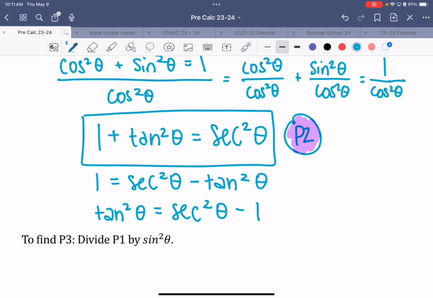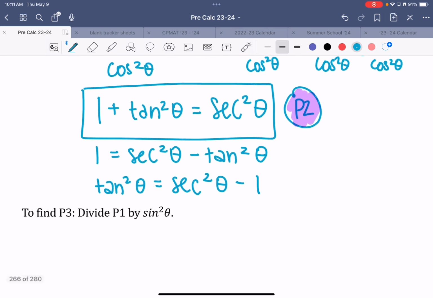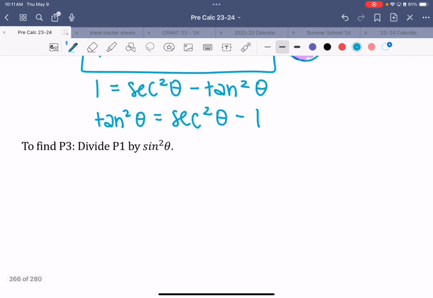Now we'll do the same thing to derive P3. So here, instead of dividing by cosine, we will divide P1 by sine. And that should get us our last 2 trig functions.